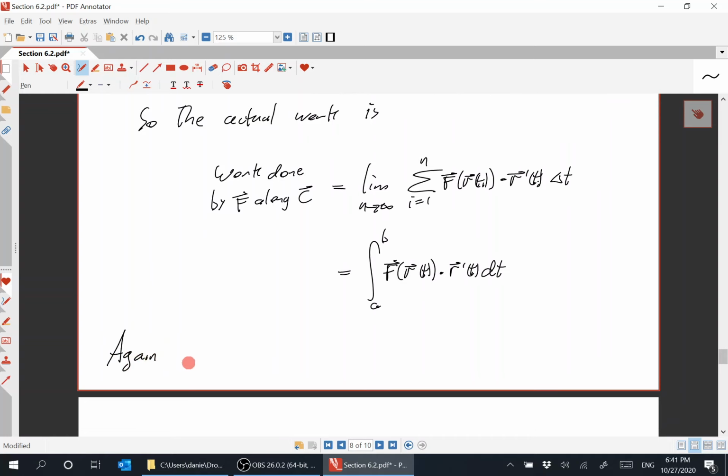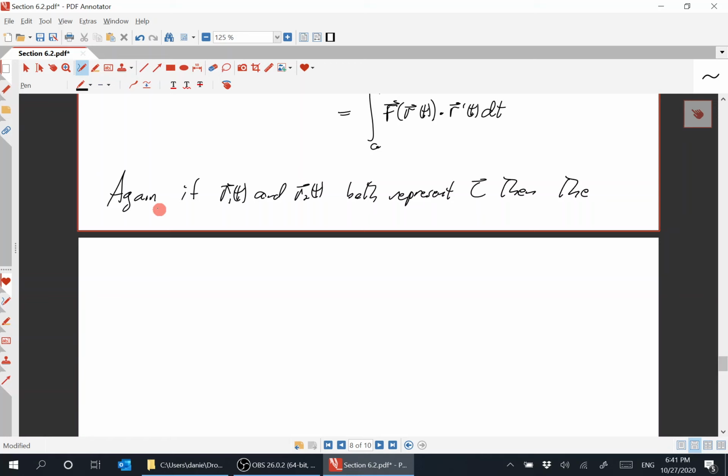Again, if r1 of t and r2 of t both represent C, then the respective line integrals are the same.